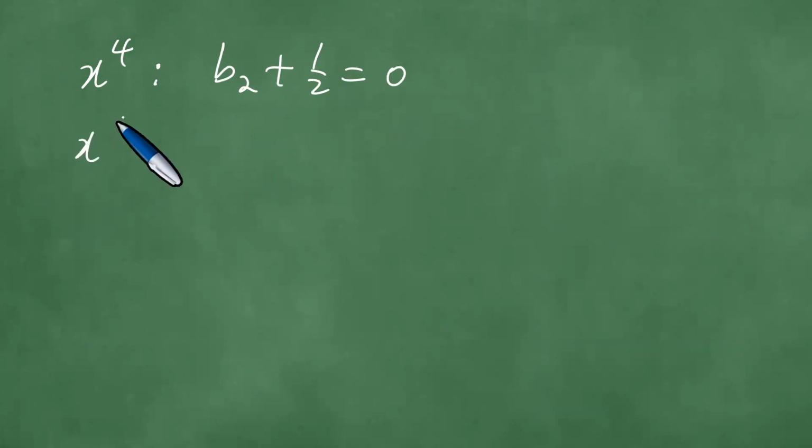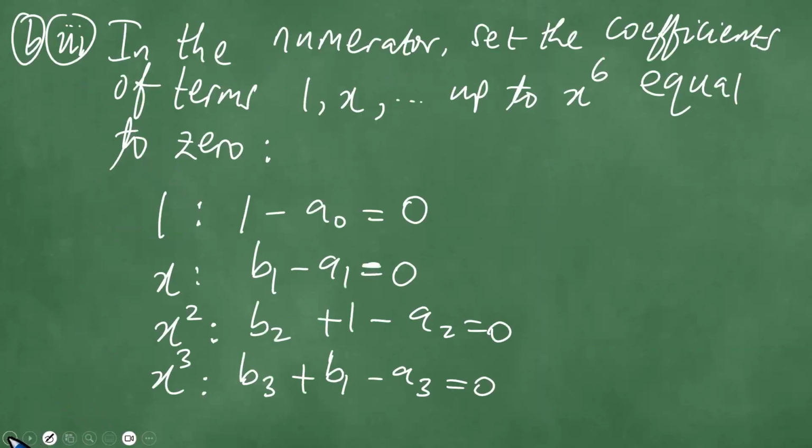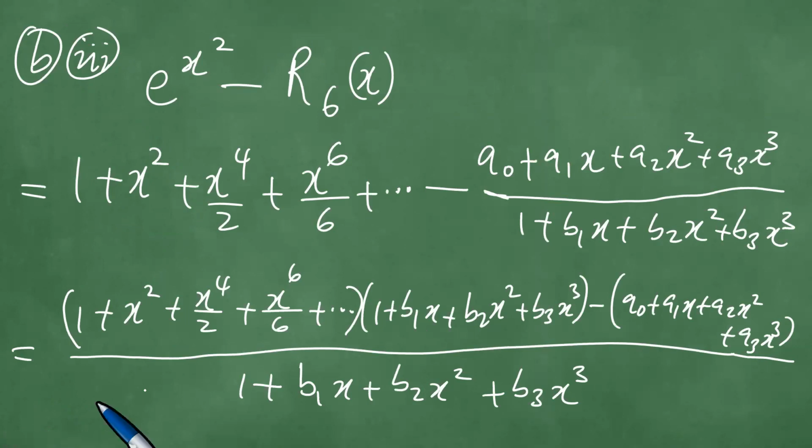X to the fifth power. So x to the fifth power is going to appear in many ways. You can take this one, x to the fourth power, and multiply with B1, and it's going to be x to the fifth power. Another x to the fifth power is going to be B3 and x squared with x cubed.